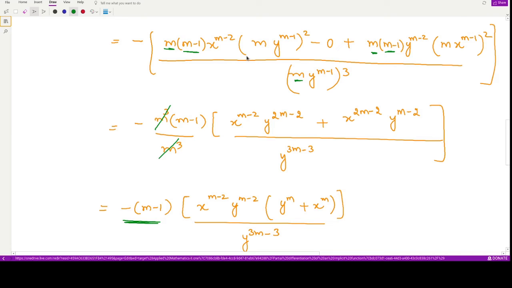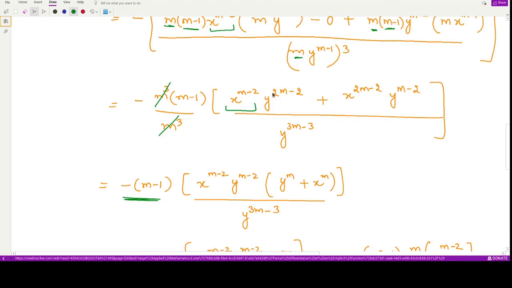And the terms which are remaining are x to the power m minus 2, that is here, and then y to the power m minus 1 to the power 2. So the powers multiply here. And similarly in this case. Now we can take x to the power m minus 2 and y to the power m minus 2 common from these two terms.